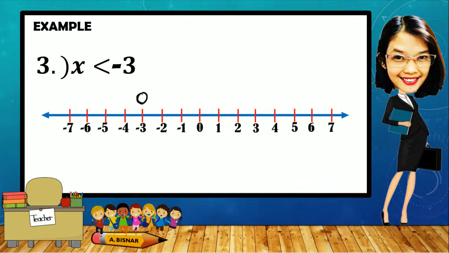Ito sila, hanggang sa negative infinity. Again, huwag nating kakalimutan yung arrow, kasi ibig sabihin nito, we can still extend the line hanggang sa walang katapusan na negative yung sagot.